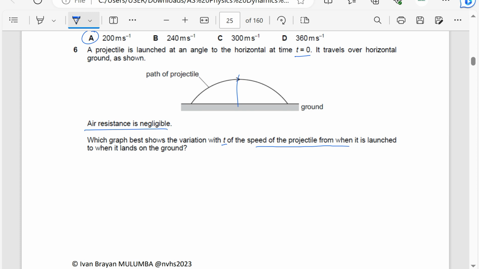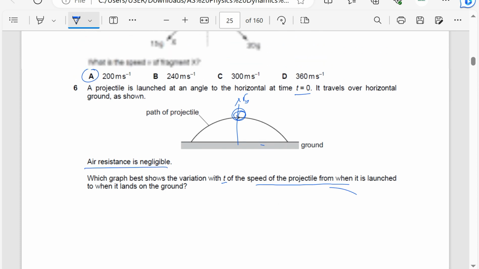Speed doesn't mind about direction. When it is going upwards, the speed will decrease. If we are dealing with the speed, in the vertical it goes to 0 at the highest point, but v in the x does not go to 0.